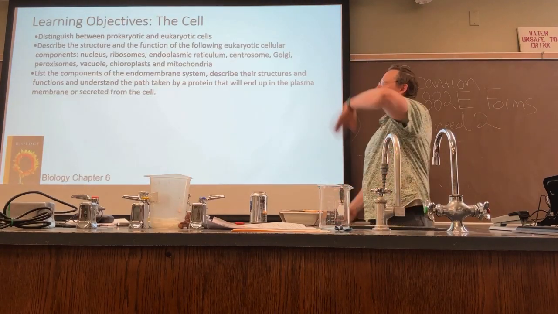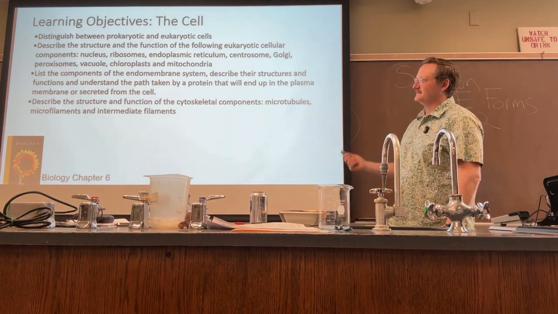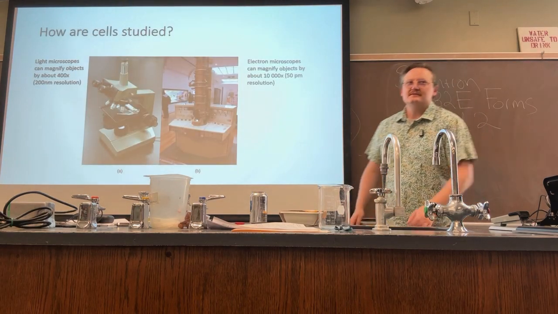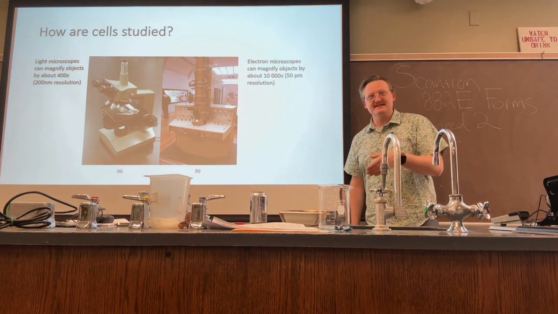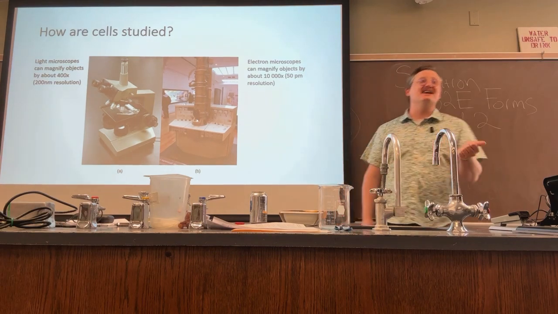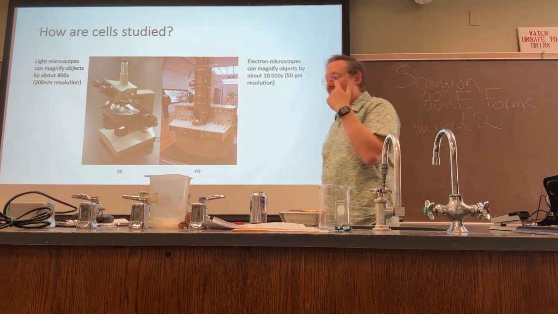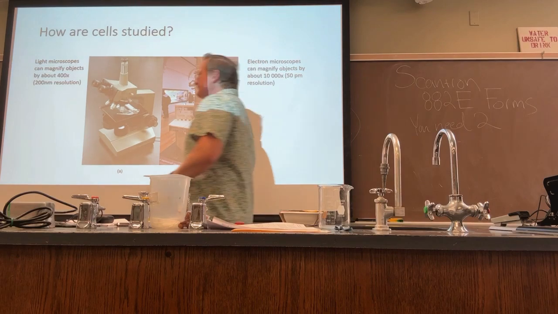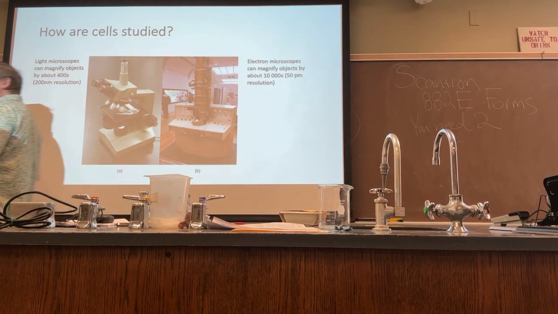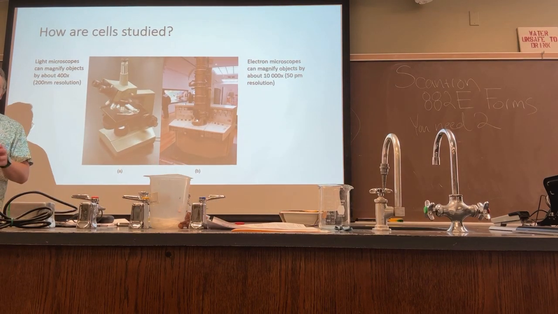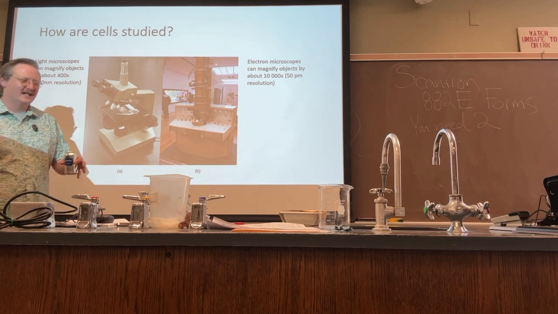Learning objective slide, there it is. First, a brief discussion of how do we actually study cells? How do you actually look at them? A lot of science, especially chemistry, can be done without directly observing anything. You can't really see most molecules in any way, so you have to infer what's going on through indirect evidence, and a lot of assumptions.